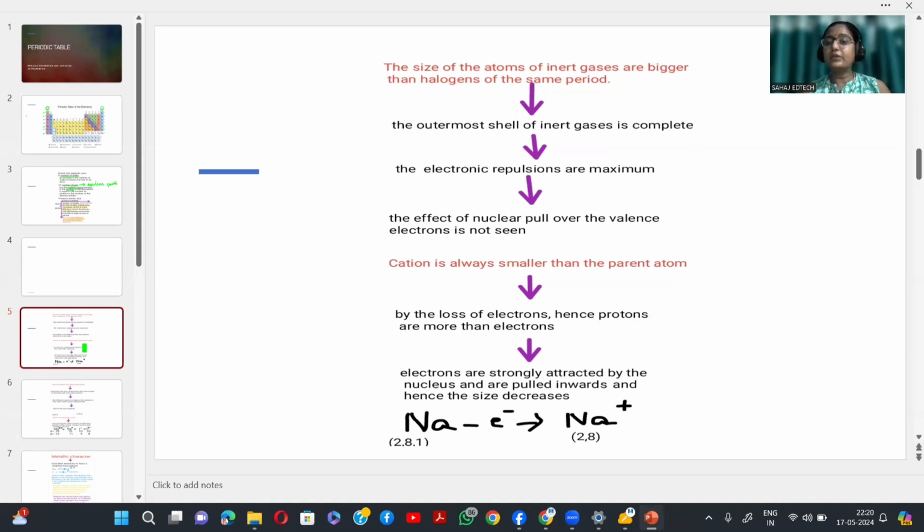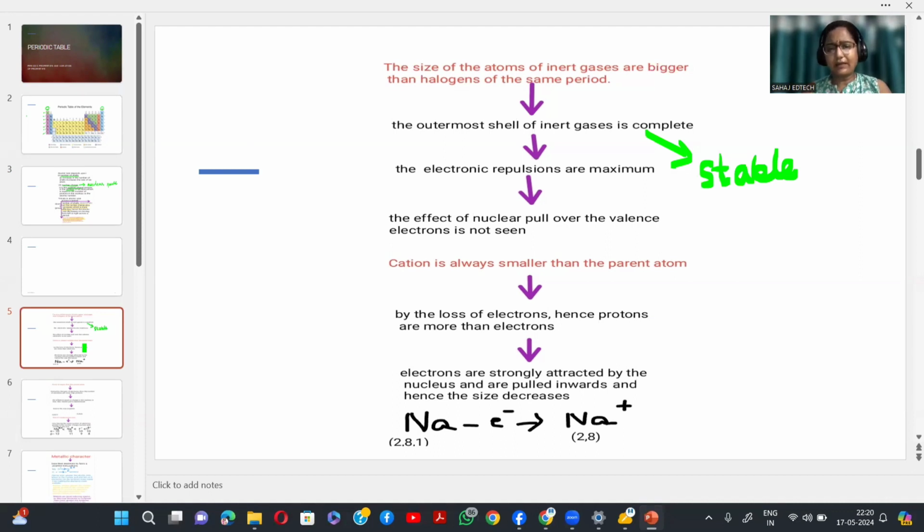Now, who is responsible for this? The outermost shell of inert gases is complete. You know that very well. They have a stable electronic configuration. So the electron repulsions are maximum. So the effect of nuclear pull over the valence electrons is not seen.